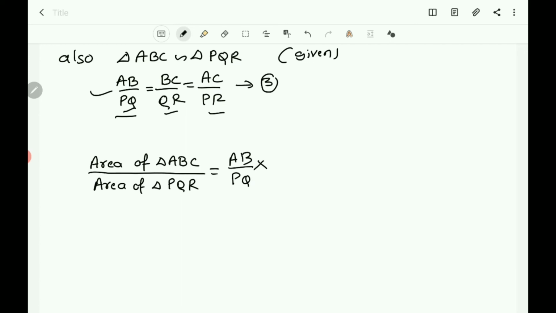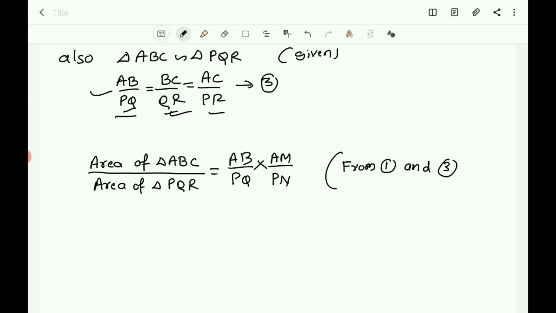And you write AM by PN here. So here you got AB by PQ into AM by PN.